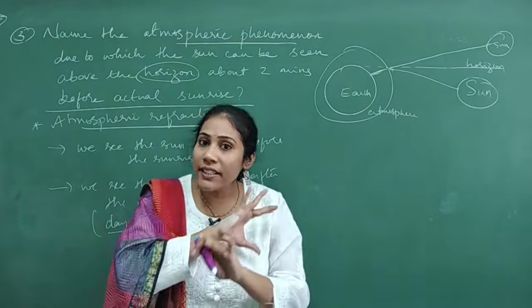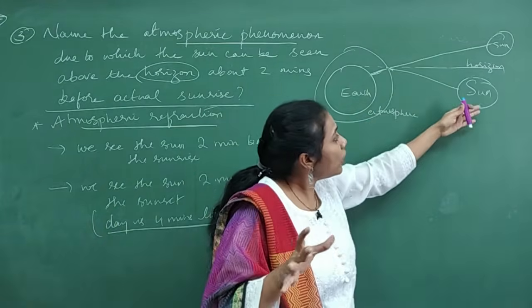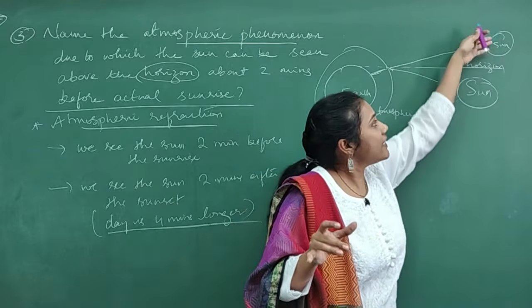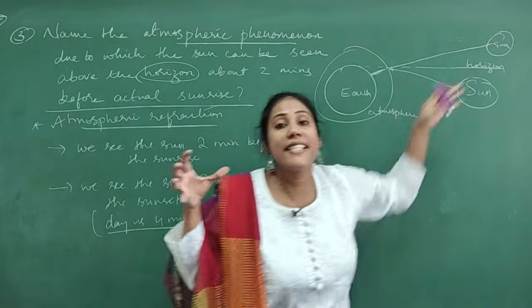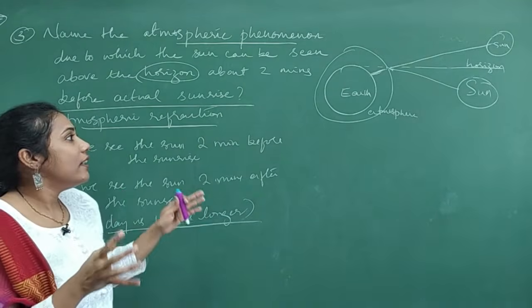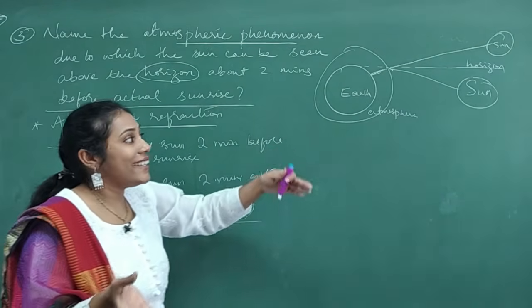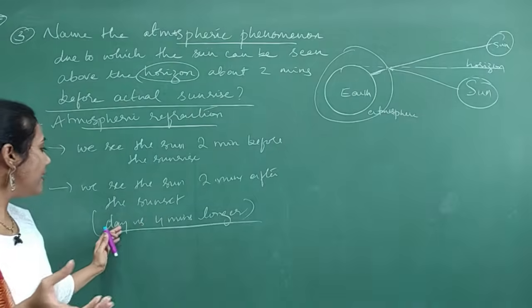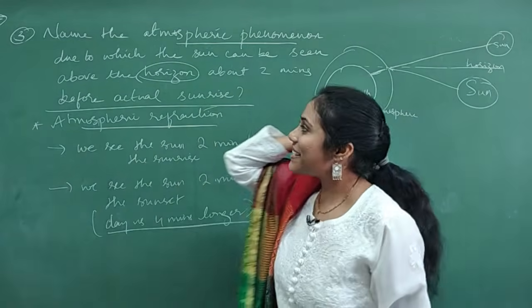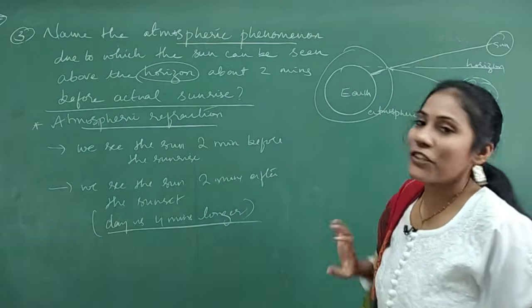The sun has already set, it has gone below the horizon, but because of atmospheric refraction, it appears as if the sun is there above the horizon. So because of this early sunrise and late sunset, our day is 4 minutes longer. Clear? So this is the entire concept of the question.